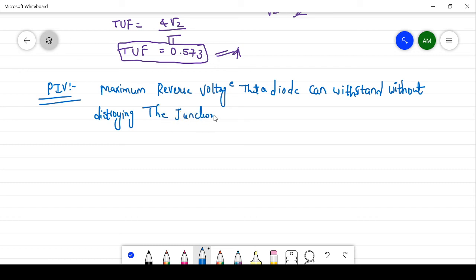This is nothing but the definition of PIV: the maximum reverse voltage that a diode can withstand without destroying any junction.